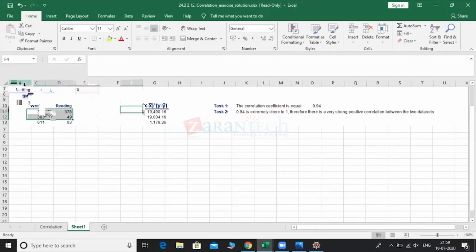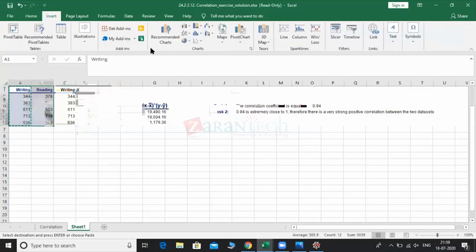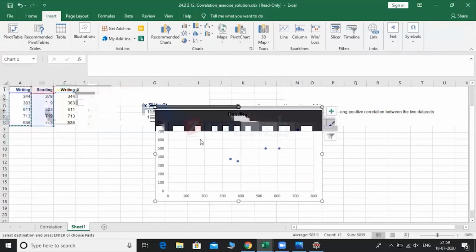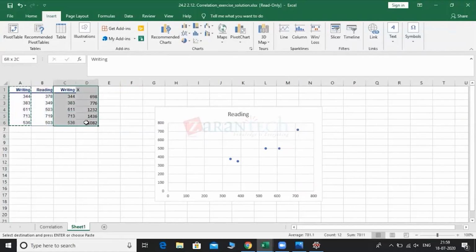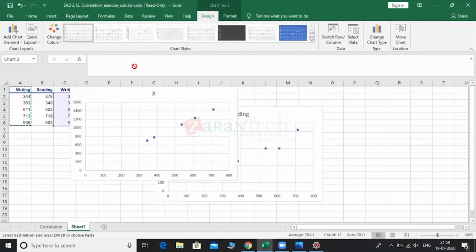And this is writing. So let's see these two things. This is one scatter plot where reading and writing are plotted on both scales. Now I'll also plot another graph with this. So can you see the difference?